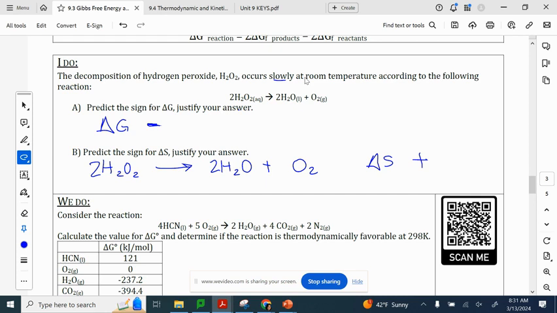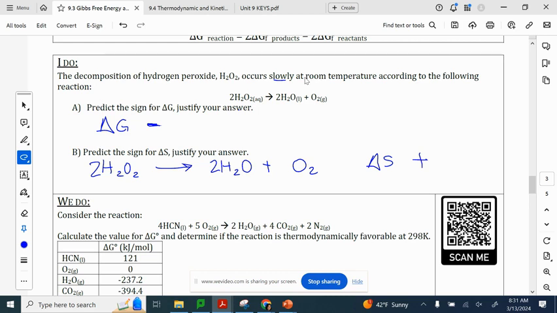But to get that battery recharged, that's not thermodynamically favorable. So you have to plug it into electricity. You have to add energy into that to get that reaction to reverse. So that reverse reaction is not thermodynamically favorable.